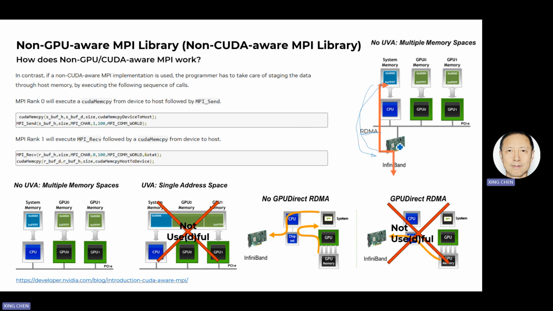That means if you are running MPI on InfiniBand, traditionally the MPI library running on top of these kinds of adapters can only have access to the system memory. It cannot access the GPU memory.